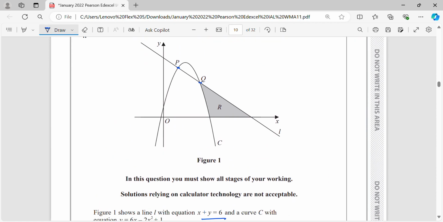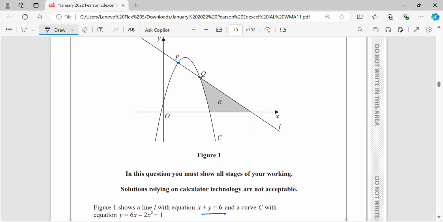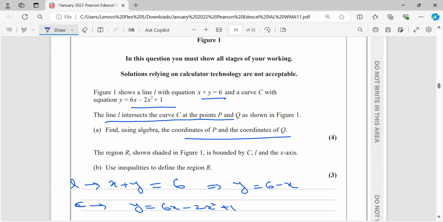Okay, because the curve and the line are both intersecting each other, we can equate both and solve them simultaneously. So let's copy down the equation of the straight line L. I can make y the subject here to substitute in the curve C. The equation of the curve C is y equals 6x minus 2x squared plus 1.